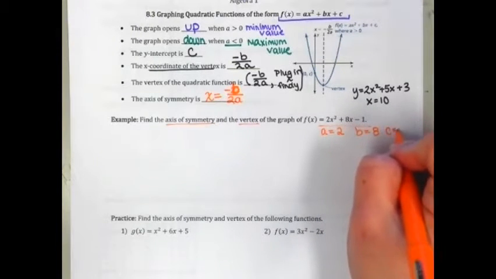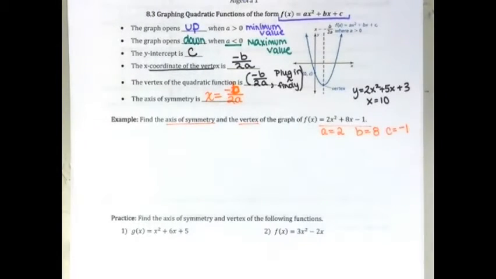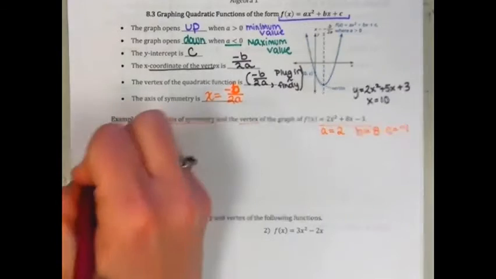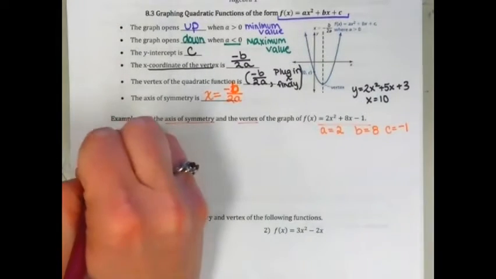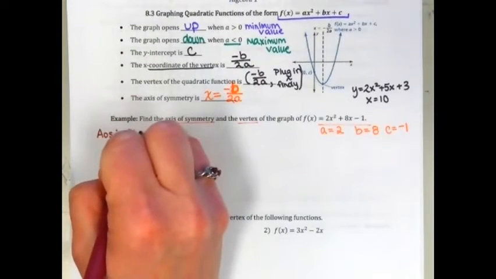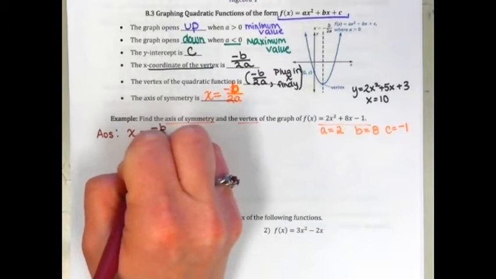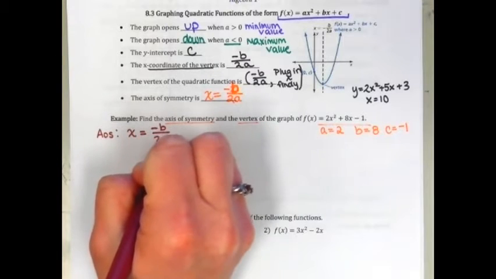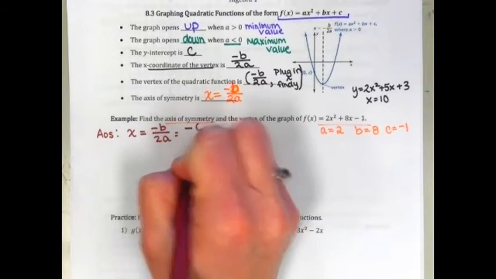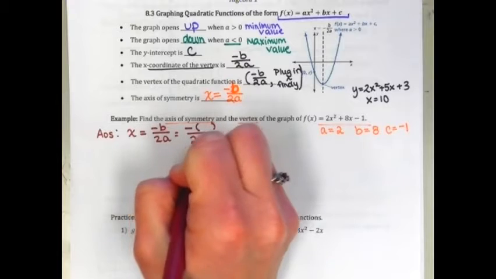And my c is negative 1. As soon as I have a b, I have to use my formula. Okay? So again, to find the axis of symmetry, it is x equals negative b over 2a. So I always put what I'm going to plug in parentheses.